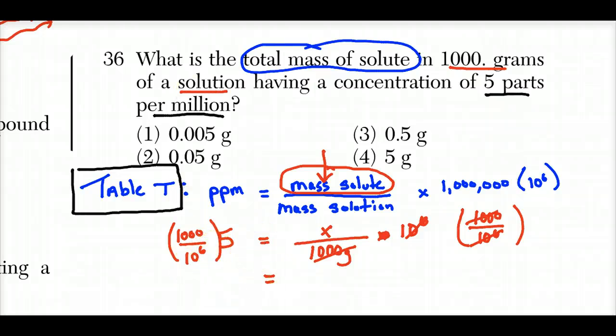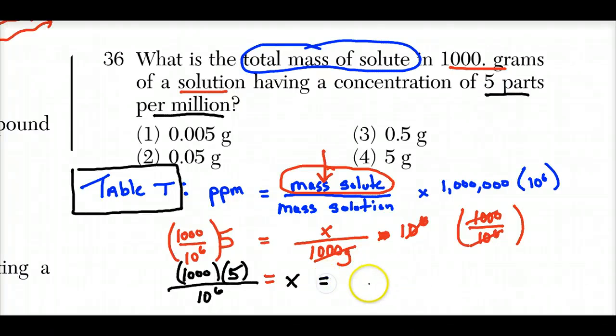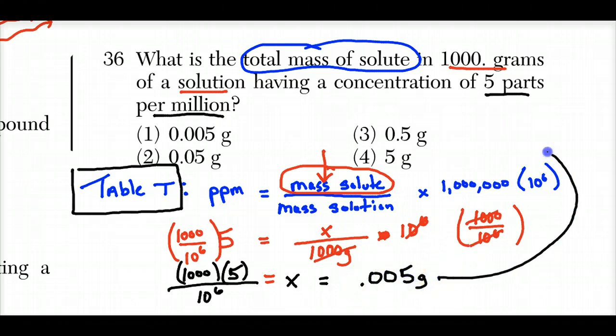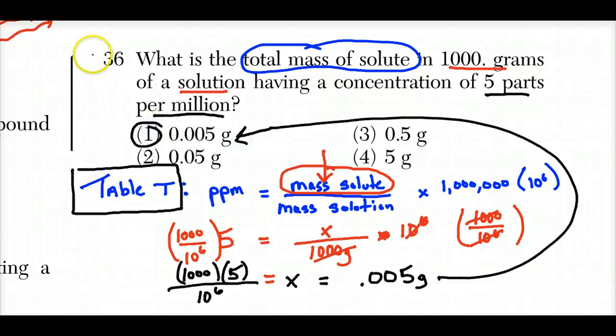So rewriting all of this, I get 5 times 1,000 divided by my million, 10 to the 6th, equals my X, and then we use our calculator. And when you plug this in, X is going to equal 0.005 grams. And that's why choice 1 is the answer. 36 is 1.